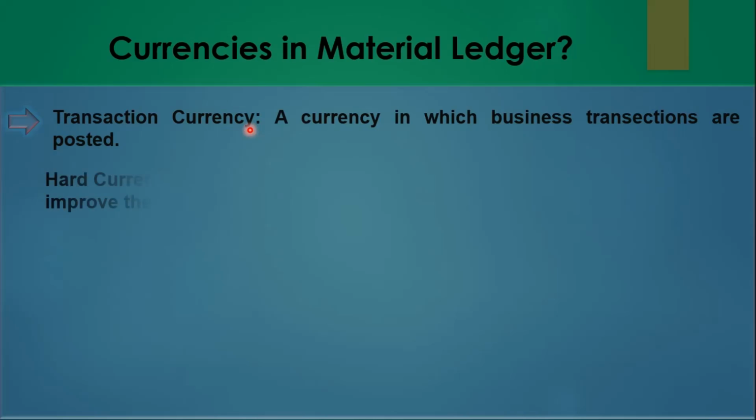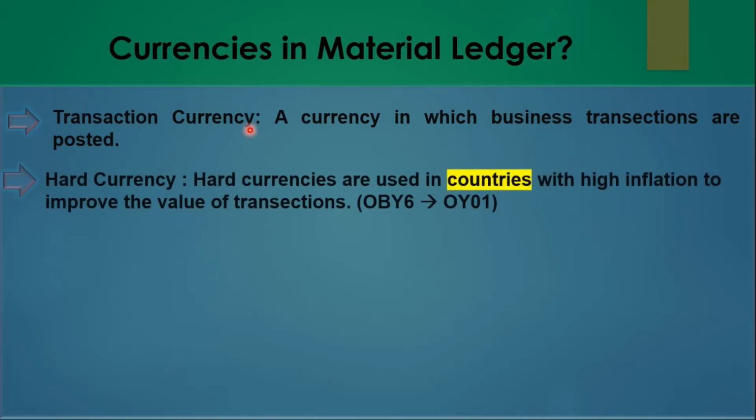Next one is hard currency. Hard currencies are used in countries with high inflation to improve the valuation of transactions. When a hard currency is selected, the document is automatically updated in the local currency and the hard currency.